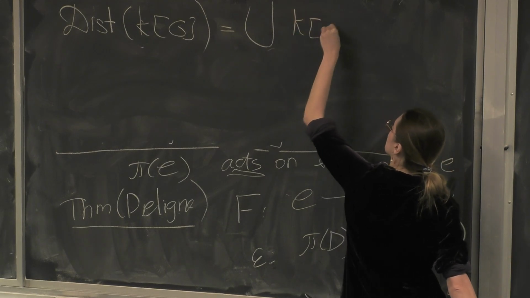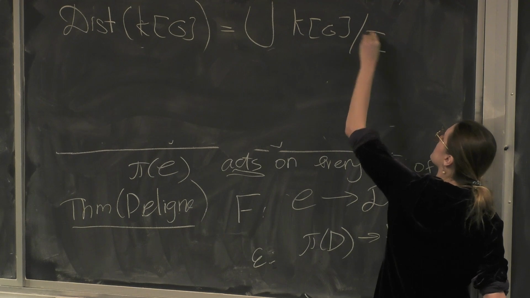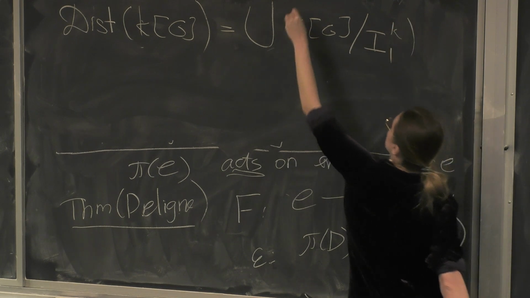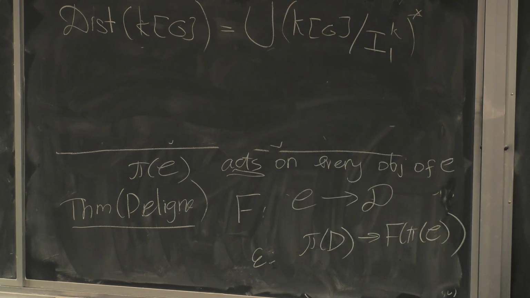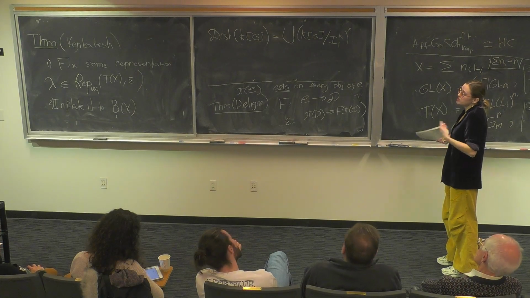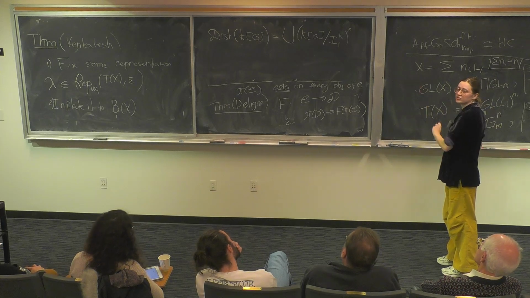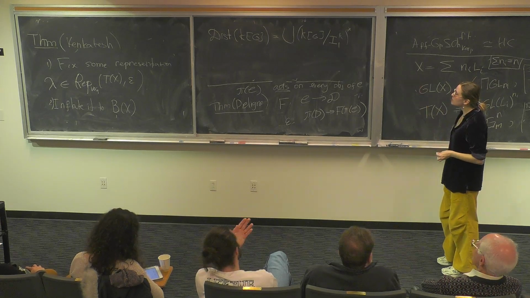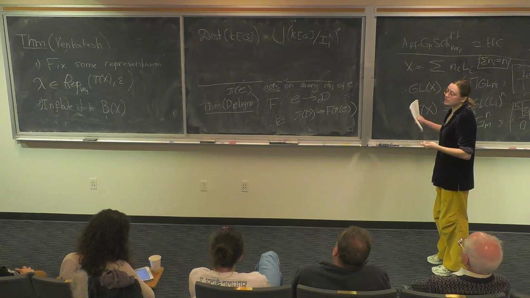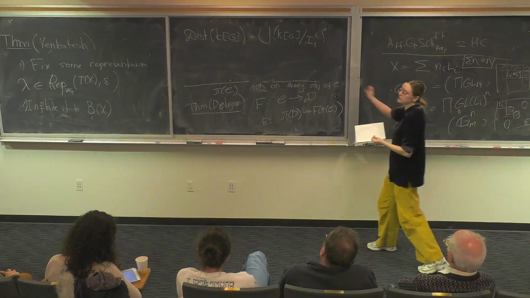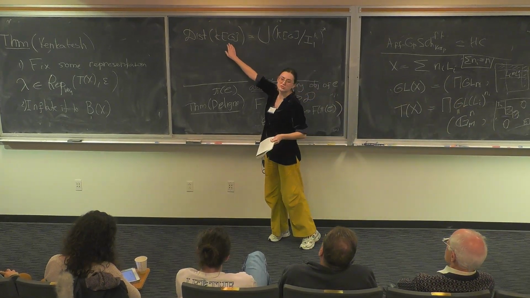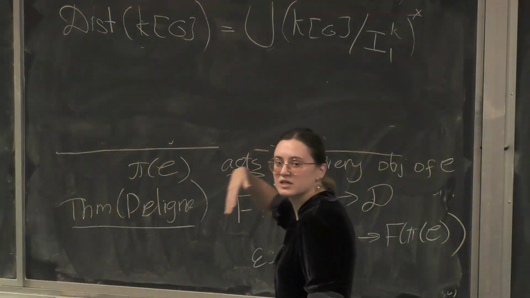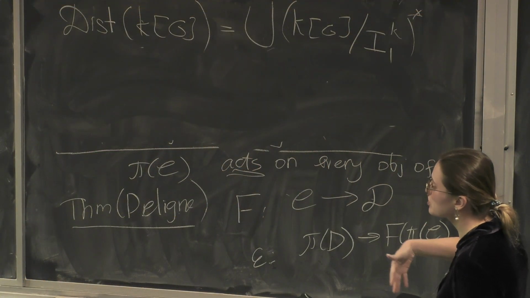You take k of G, quotient by some power of the augmentation ideal, take the dual, take the union. It has a Hopf algebra structure, and every G representation has an action of this algebra. And then you can ask yourself what is the condition for your representation to be integrable from the distributions to the actual group.